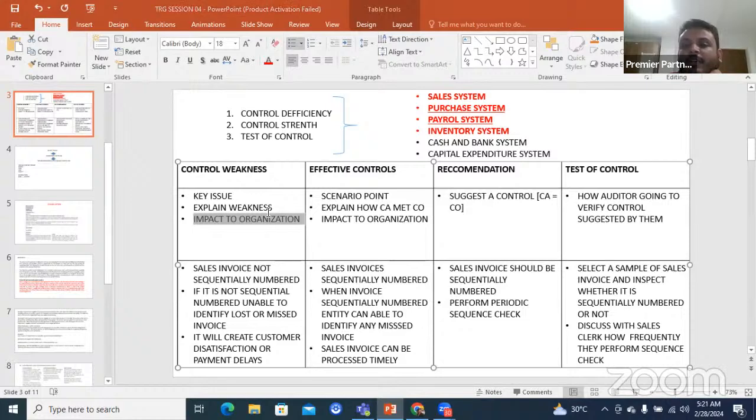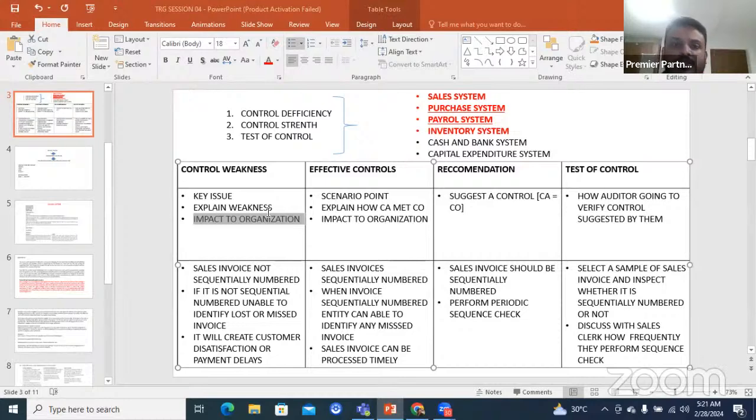Don't forget to write those three things because your marks are split on those three, especially 1 mark for weakness, 1 mark for recommendation, 2 marks for impact. That is the criteria. If you read the examiner's report, again and again the examiner expects how students link that control deficiency with misstatements.